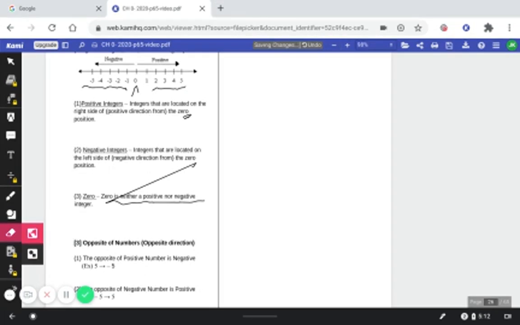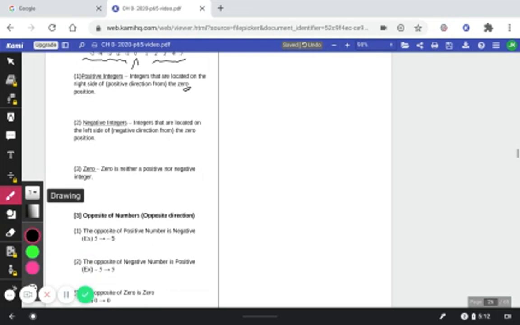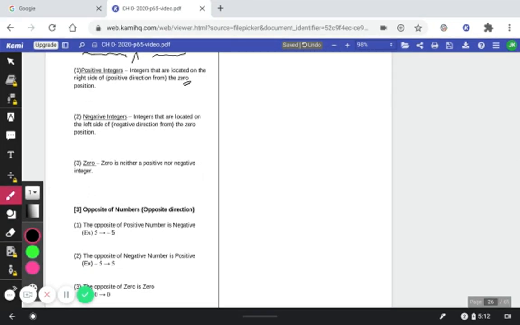There is something called the opposite of a number, or opposite direction. The opposite of, let's say, 5 is negative 5. So the opposite direction of positive is negative. By the way, when there is no sign, it's always positive.